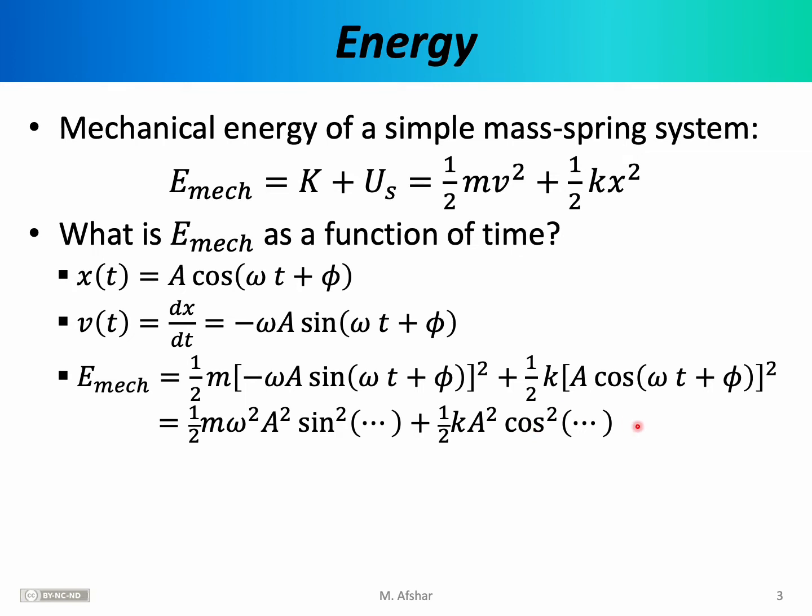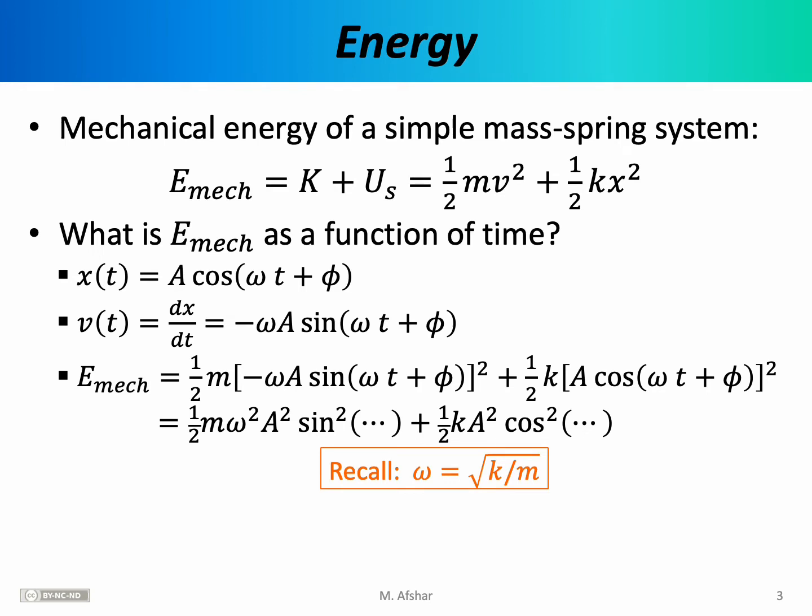Now, this still looks like a complicated expression until you recall that omega is actually equal to the square root of k over m. So this omega squared can be written as k over m.